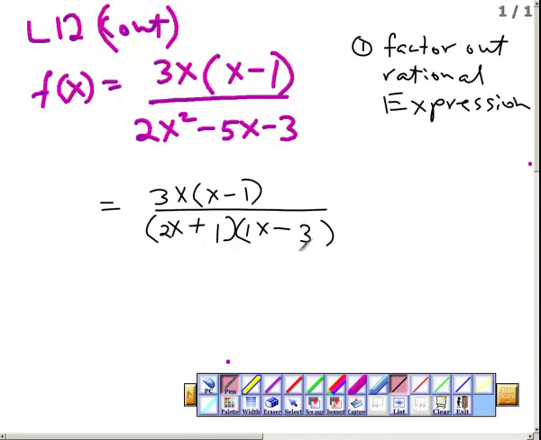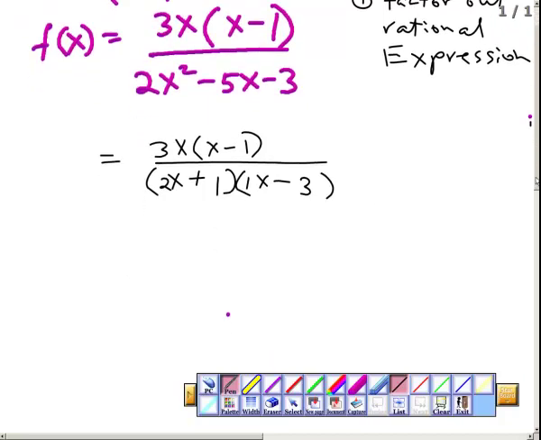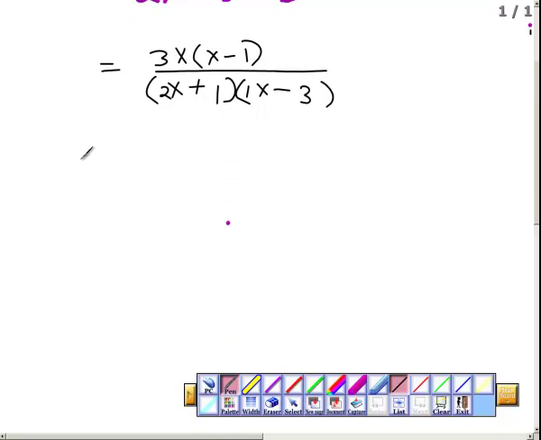Okay, now we want to see, is there any common factor here that we can go ahead and find out? No, there isn't. So in this case, all we want to do is just go ahead and find the domain. Okay, and that's all it's asking.